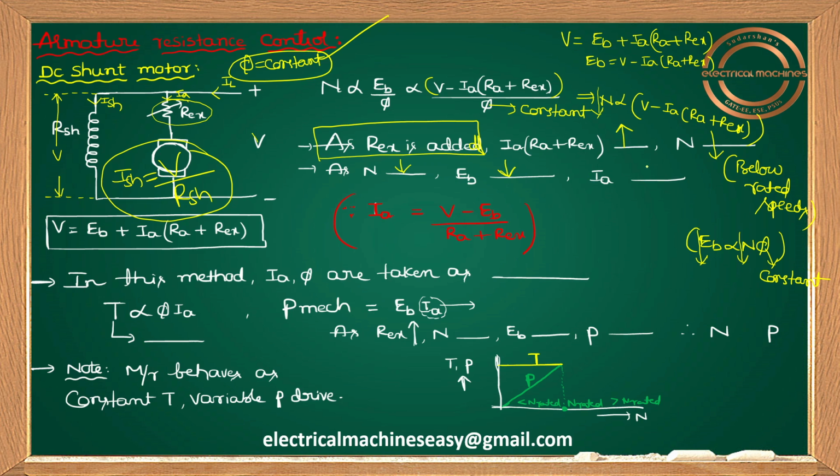The main problem in this question is justifying your IA variation. This is very important. Generally most people will not agree with the point I am going to say, so you will definitely have some confusion. I am adding some extra resistance RX in series with the armature, so definitely armature current will be reducing, that everybody knows.